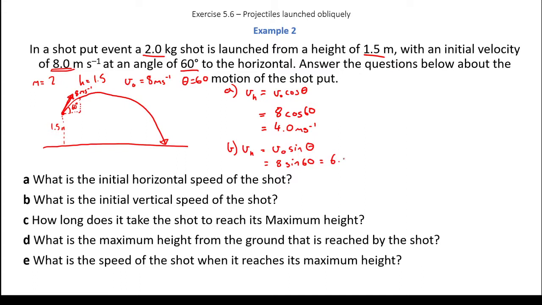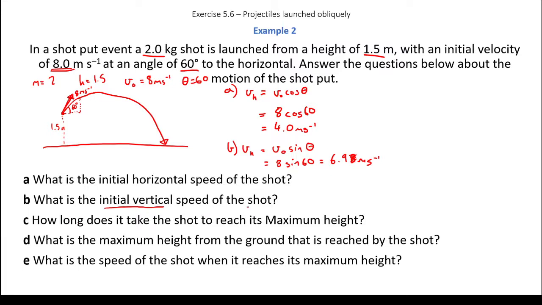So 6.9 meters per second. That is the initial vertical speed. Of course, as it goes up, gravity is pulling it down, so the vertical speed will reduce.